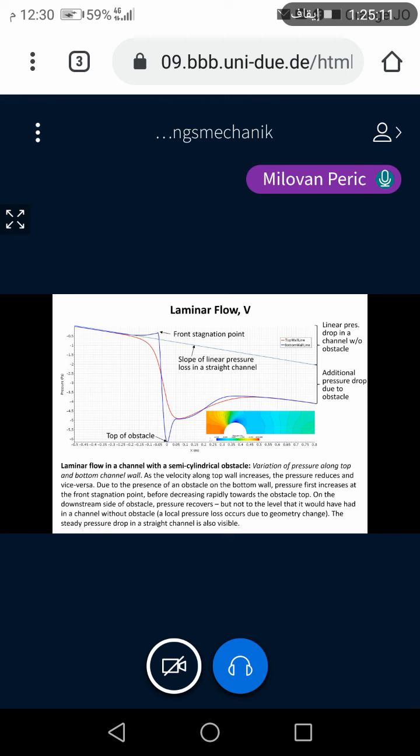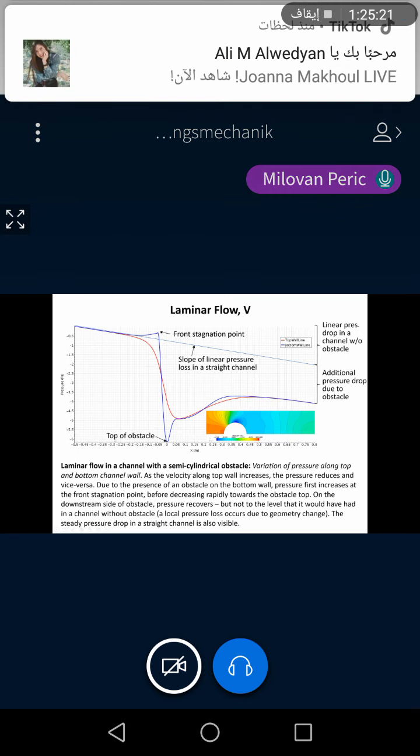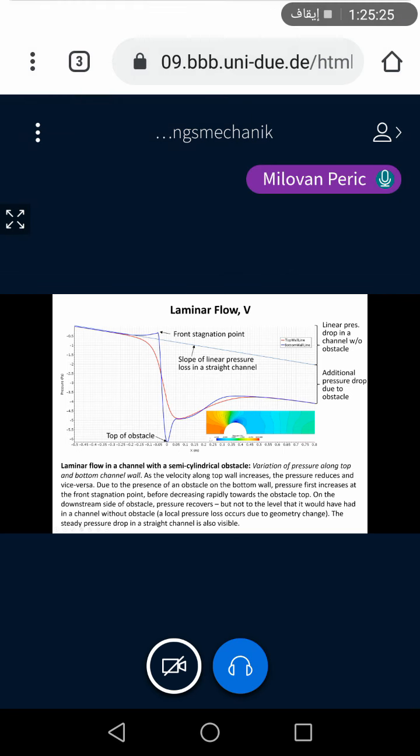So this is a little bit of Bernoulli that stayed there. And then somewhere further downstream at around x equal 0.5, both pressure at the top wall and bottom wall will start decreasing, and after a while we will achieve again the laminar linear pressure decrease for a fully developed flow. So the slope will become parallel to the slope that you would have in an undisturbed channel.